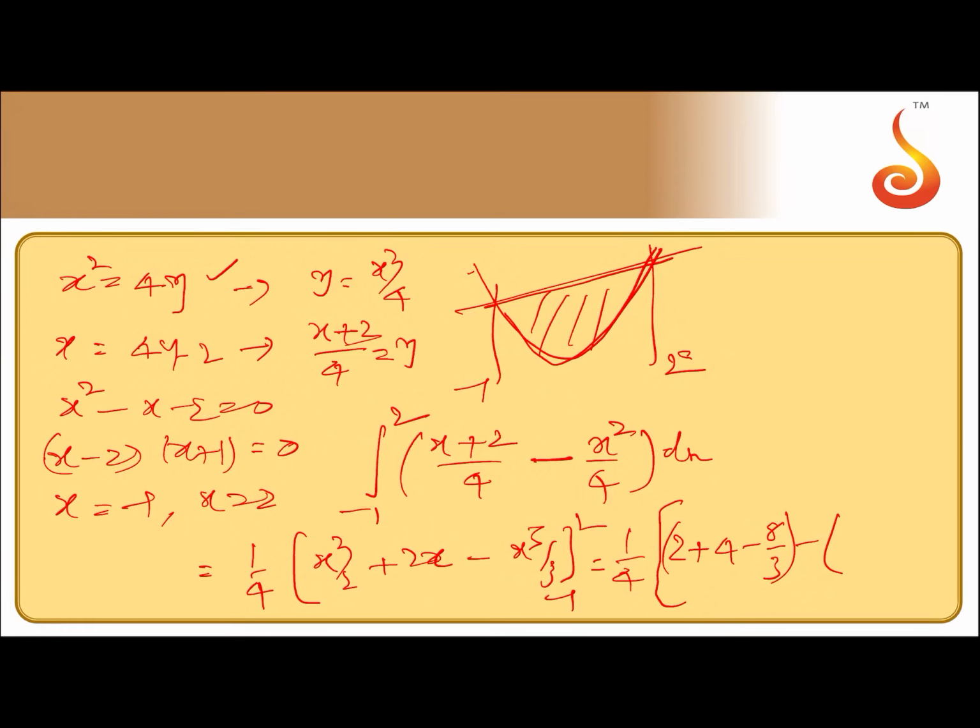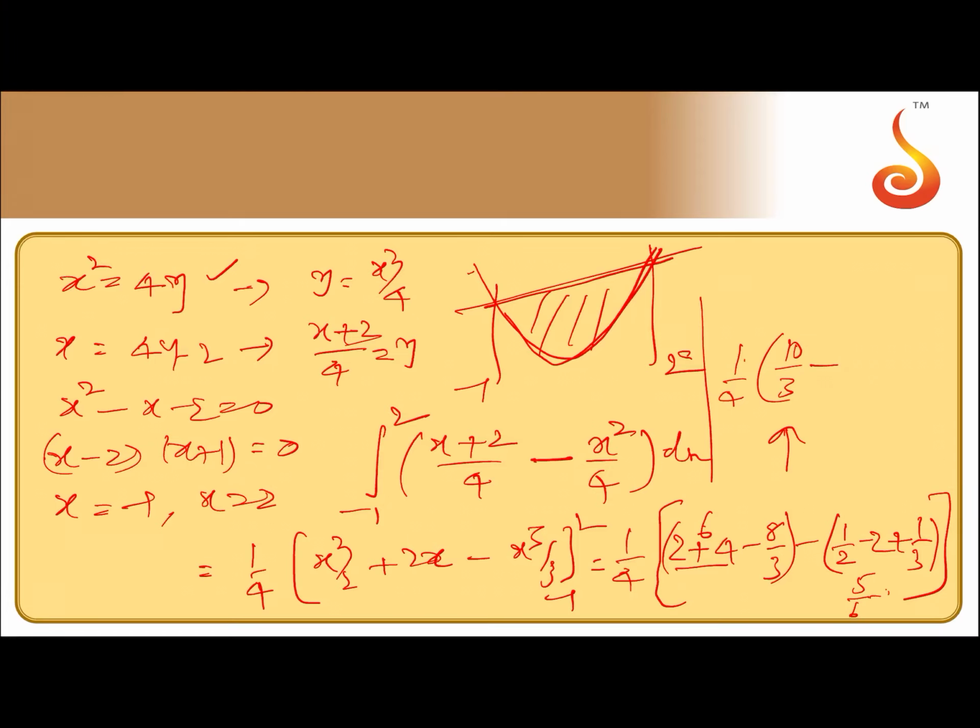and minus, when you substitute minus 1, 1 by 2, minus 2, plus 1 by 3. Let me calculate, I think it is a 6 here. 18 minus 8, 10 by 3. So 1 by 4 times 10 by 3, and minus, of course, this value 1 by 2, 5 by 6.